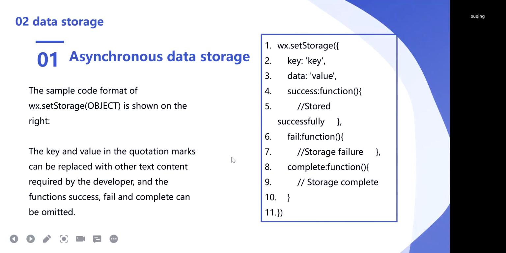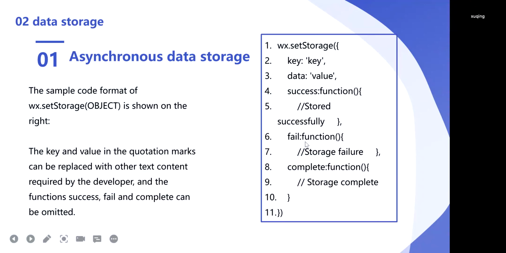Here we have a sample code format of set storage. You see the key and the value are in quotation marks, and they can be replaced with other text content required by the developer. In the function here, we have success, fail, and complete.